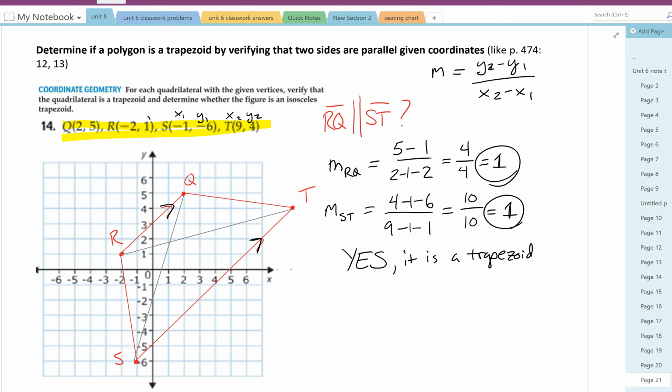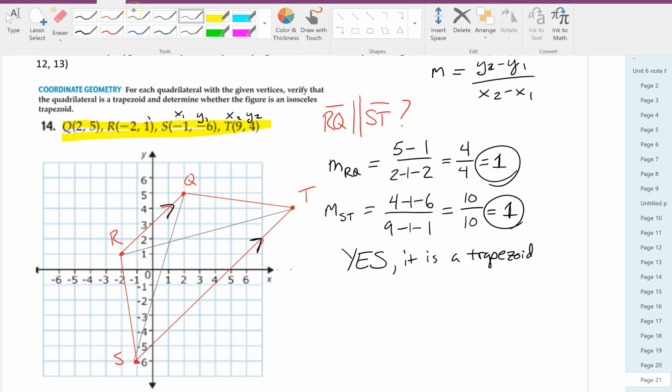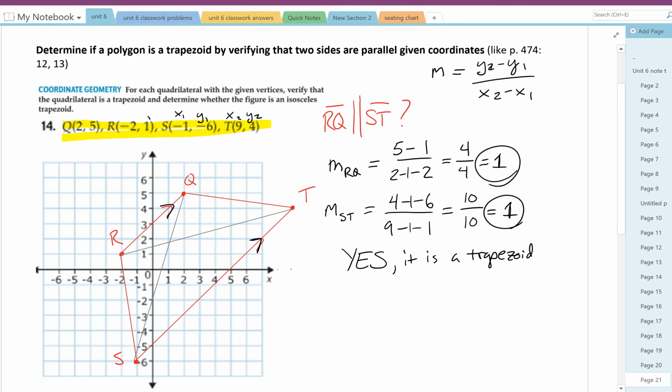The way I'm going to figure that out is with the distance formula, or another way, the way that I've been referring to it in class is the Pythagorean theorem, and that's where we make the triangles. We make a right triangle, and in this case SQ is going to be my C for this triangle that I've drawn in so far. So C squared equals A squared plus B squared.